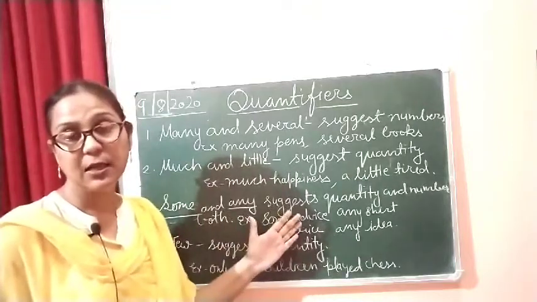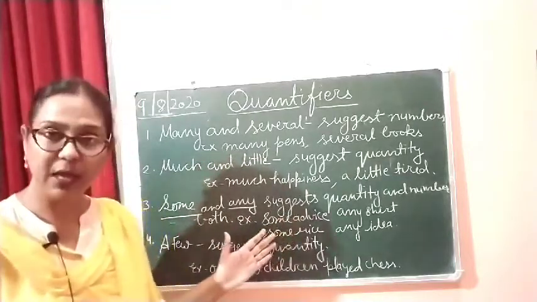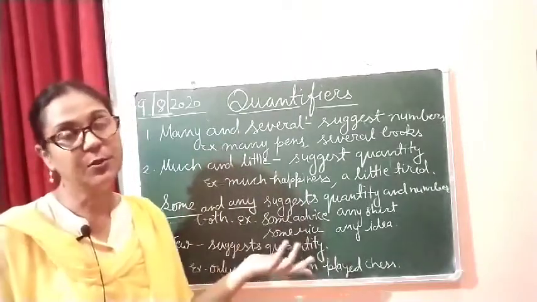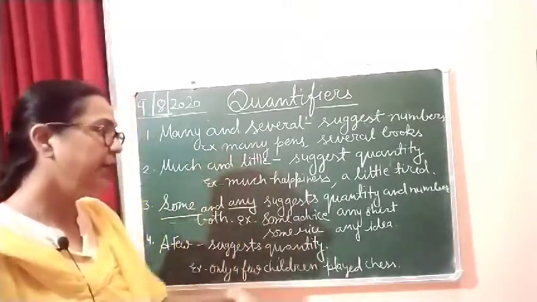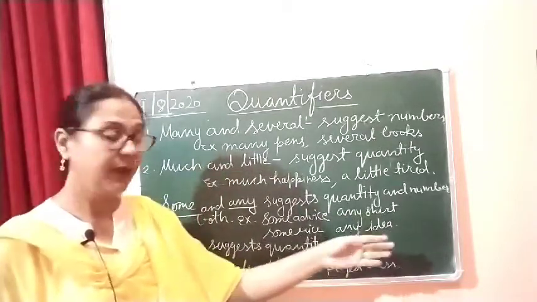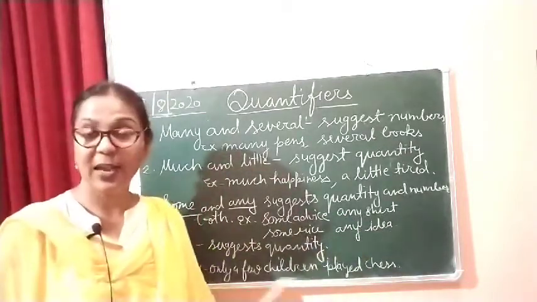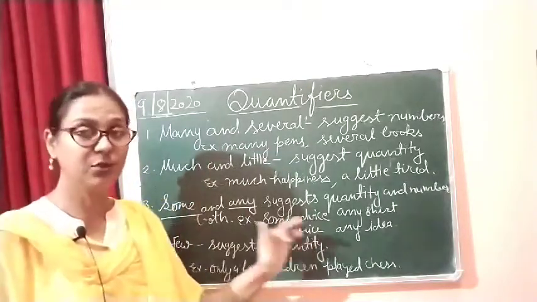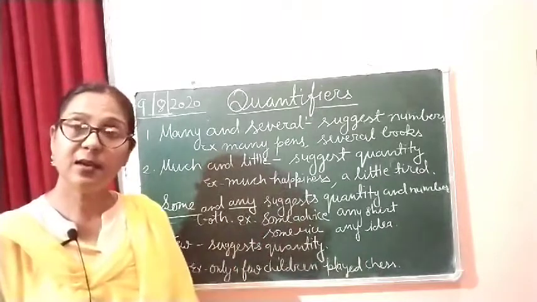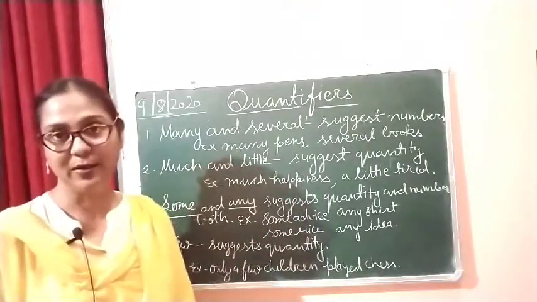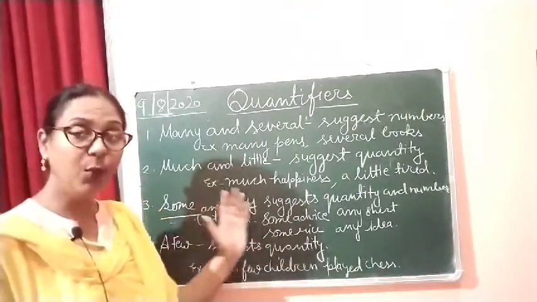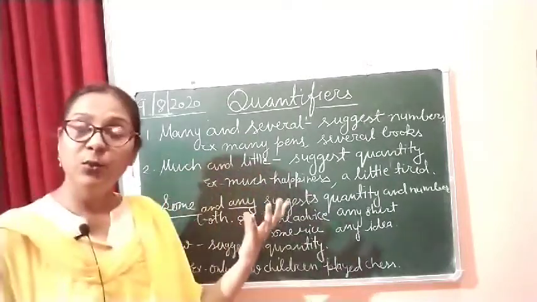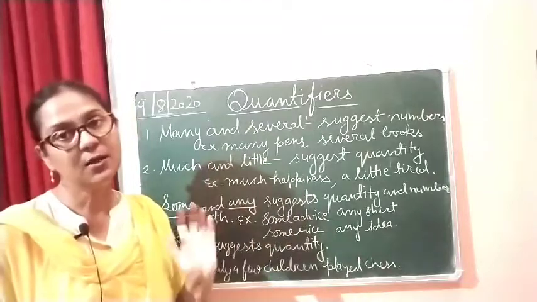This is considered an uncountable noun. And some of these are countable or uncountable nouns over here. And any shirt and any idea. Any shirt is a countable noun, so it is used with countable nouns, and any idea is used for an uncountable noun. So they both show quantity and numbers both.